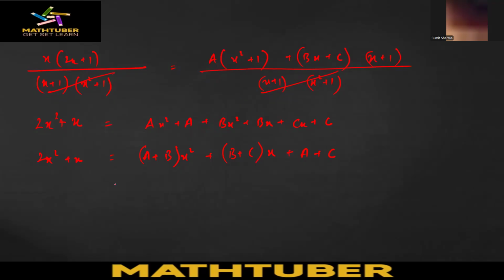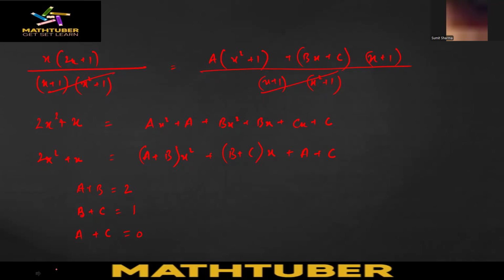So now we can compare these coefficients. Now x square's coefficient here is 2 and this is a plus b. So a plus b is equal to 2. The coefficient of x on both the sides will be equal. So b plus c will be equal to 1. And because there is no constant term on the left hand side, a plus c will be equal to 0.